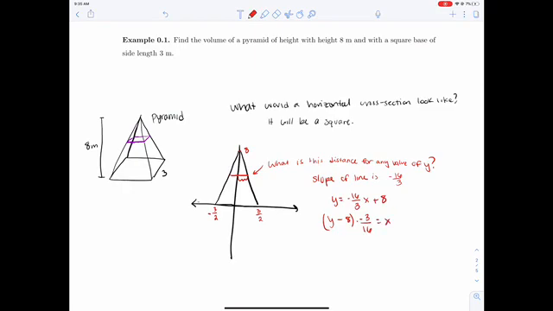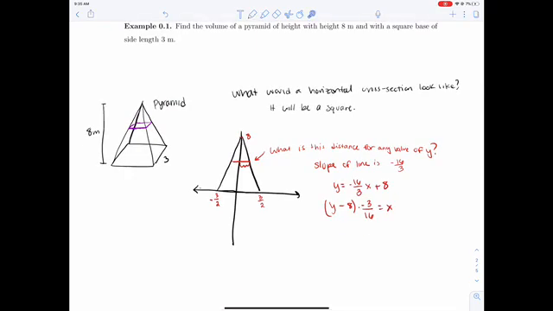So for any value of y, this distance here, the distance from the y-axis out to the edge of this pyramid, will be given by (y minus 8) times negative 3/16.